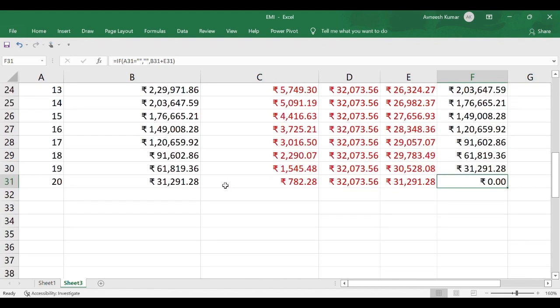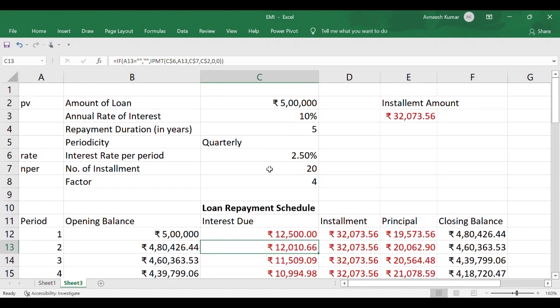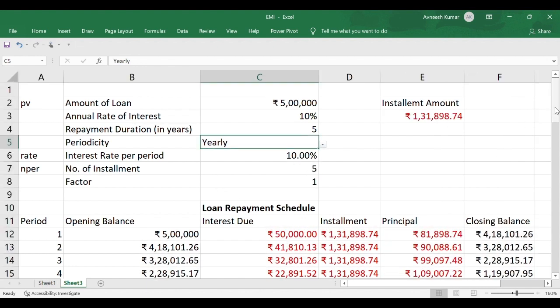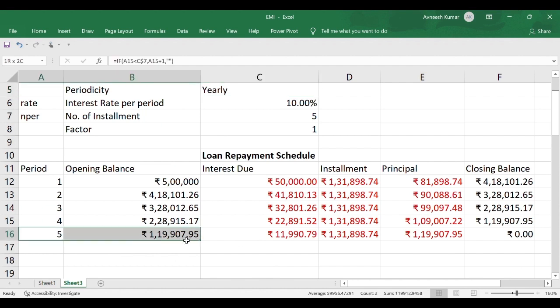So the beauty of what we have done in the second row is that if the repayment duration is 5 years and periodicity we choose to be yearly, then there should be just 5 installments. So this 5 is there, and after the 5th installment we don't have this. So we have done it right.